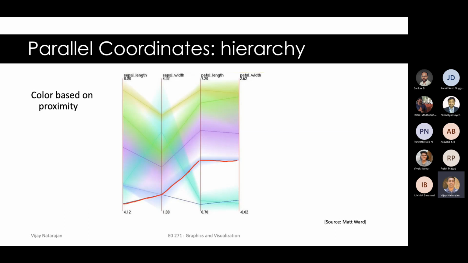So you can see 5 different colors for the 5 different clusters. This is one way of visualizing different clusters, and you can of course do the clustering hierarchically and still represent the subclusters and so on. There are many other additional variants of parallel coordinates that help further study your high dimensional data.